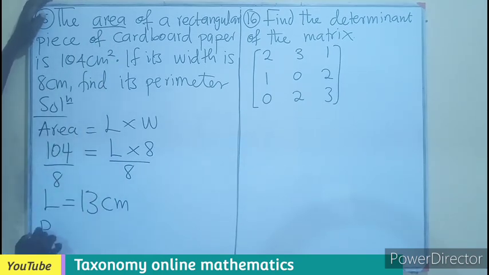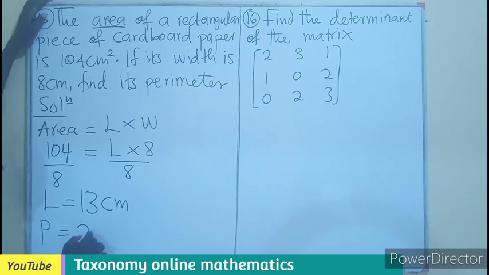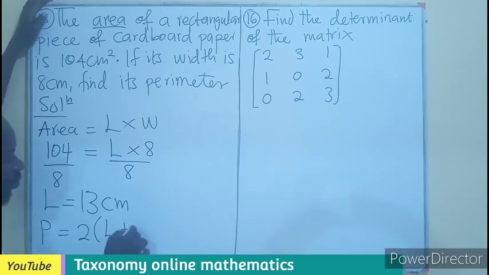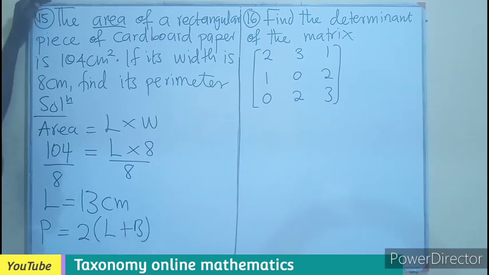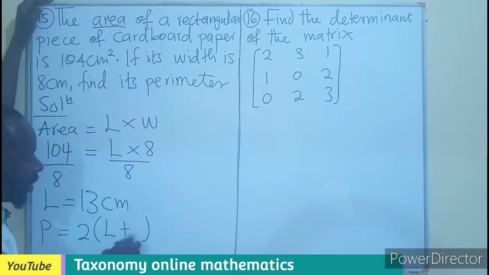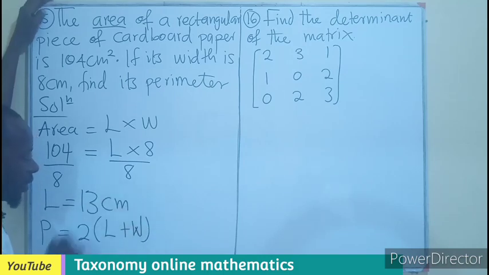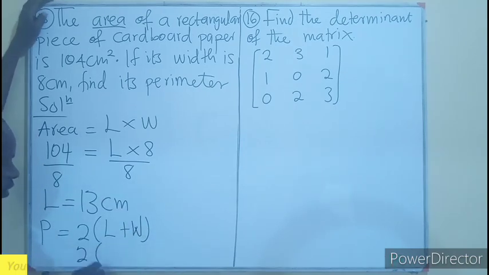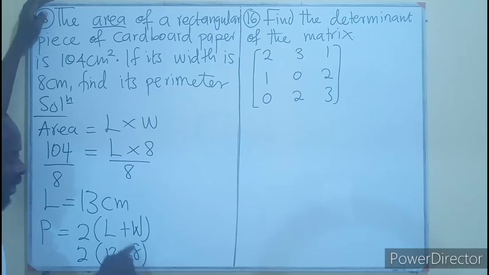But we are aware that perimeter is equal to 2 times the length plus what? The breadth. Because there are 2 of the length and there are 2 of the breadth. Or in this case, let's use the width. So 2 will multiply 13 plus what? 8. 8 being the width, 13 being the length.